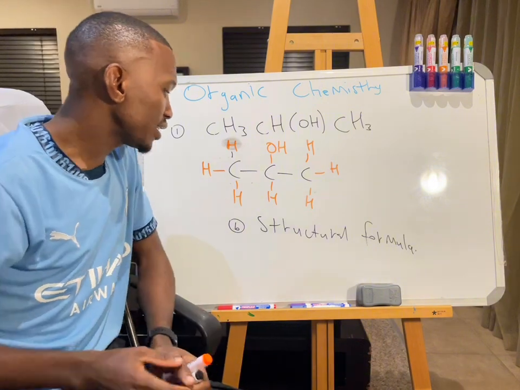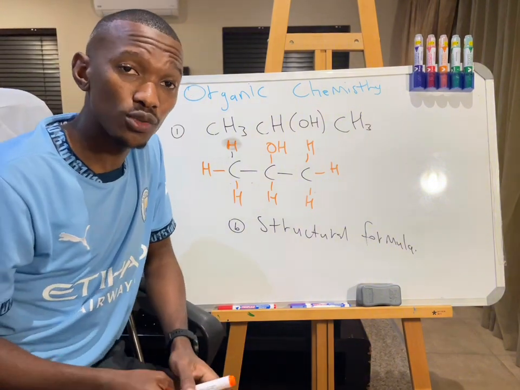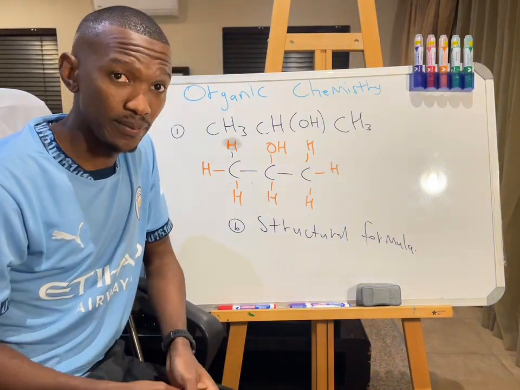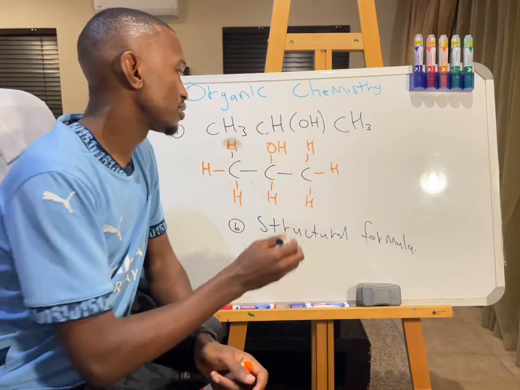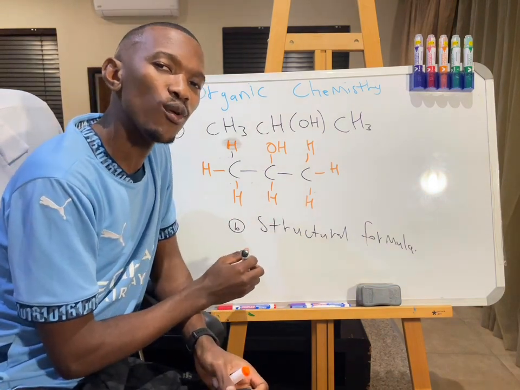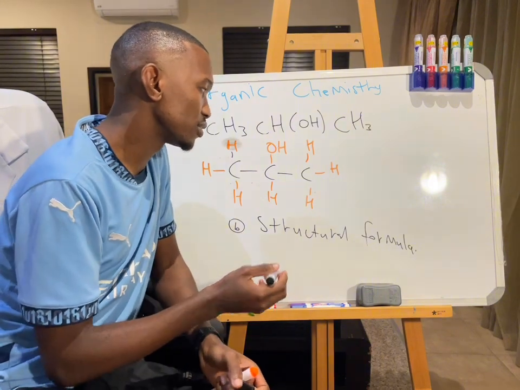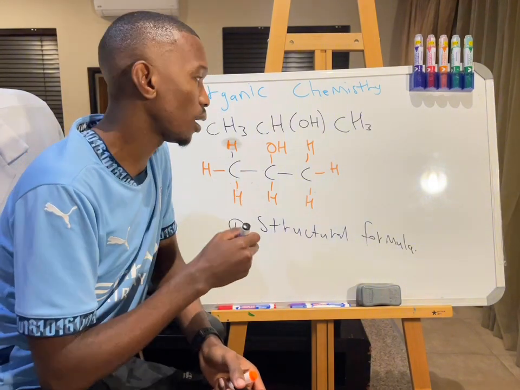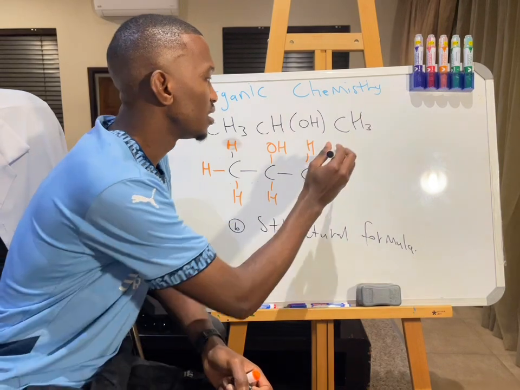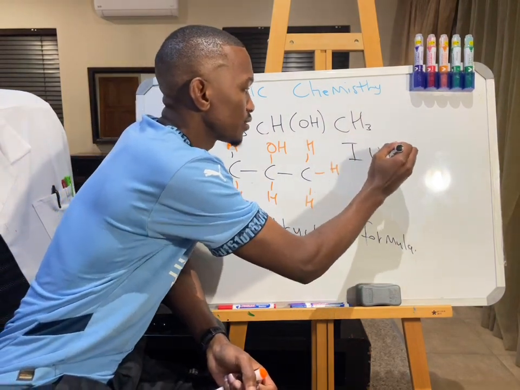Good stuff. So right now, we are going to our last question, which is the IUPAC name. Guys, I'm giving you homework. When I come back with another video, you must be able to tell me. No, you must tell me right now. I must see you in the comments. What does IUPAC stand for?